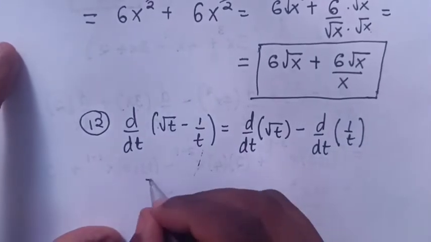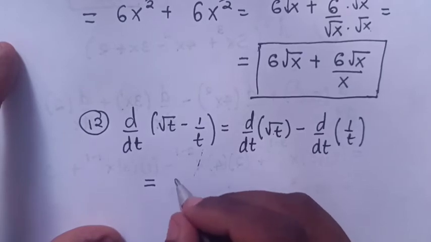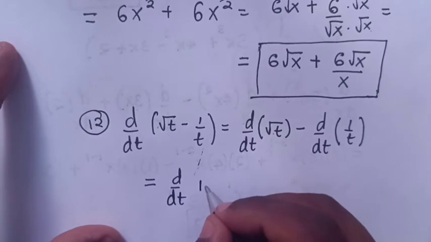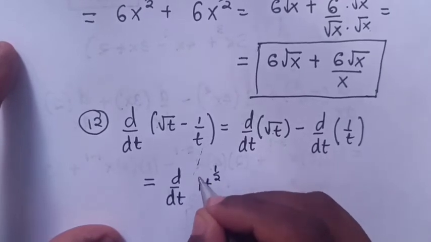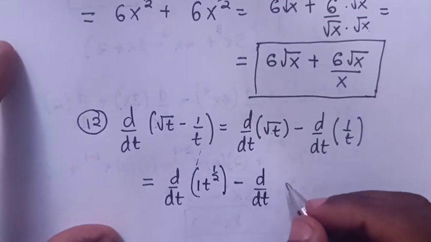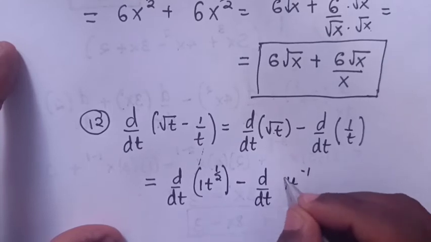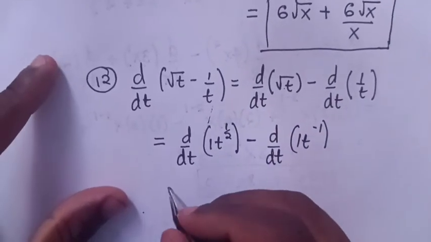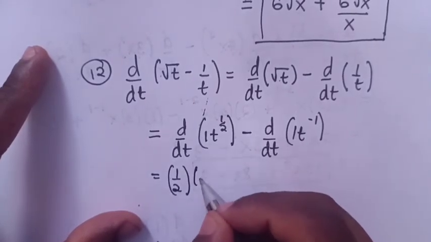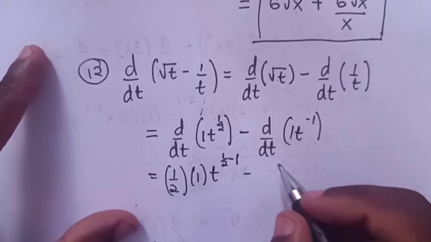Now let's put all this in terms of exponent and coefficient. So the square root of t is t to the power of a half, with coefficient 1, minus 1 over t, which is the same as t to the power of negative 1, and our coefficient is 1. It equals: we multiply the exponent, a half, times our coefficient, 1, times t to the power of a half minus 1.